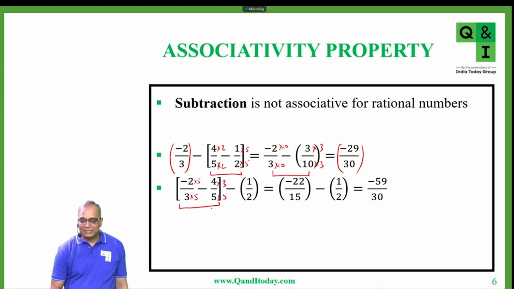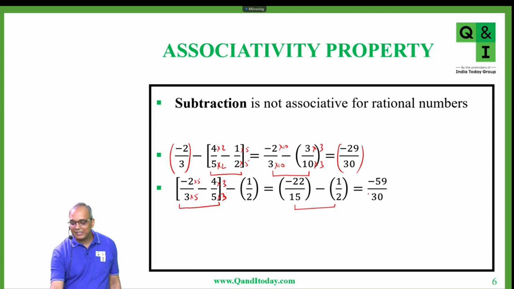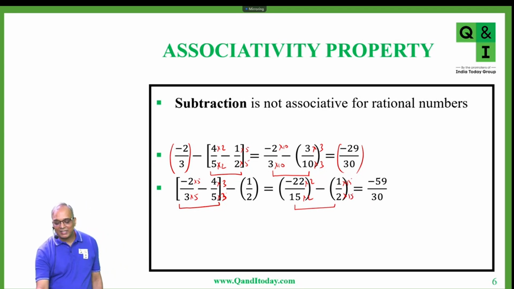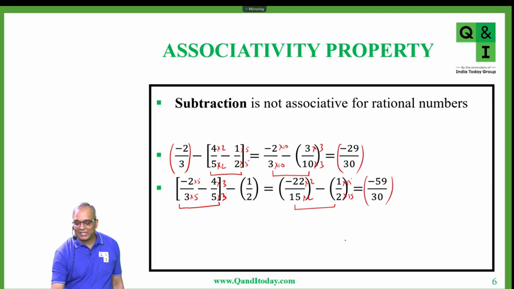When we solve this, we'll have minus 10 minus 12, that is minus 22 by 15, right? And minus 1 by 2. Now the LCM is 30 here. So we multiply by 2 here and by 15 in the next one. So we'll have minus 44 minus 15 is minus 59 over 30.